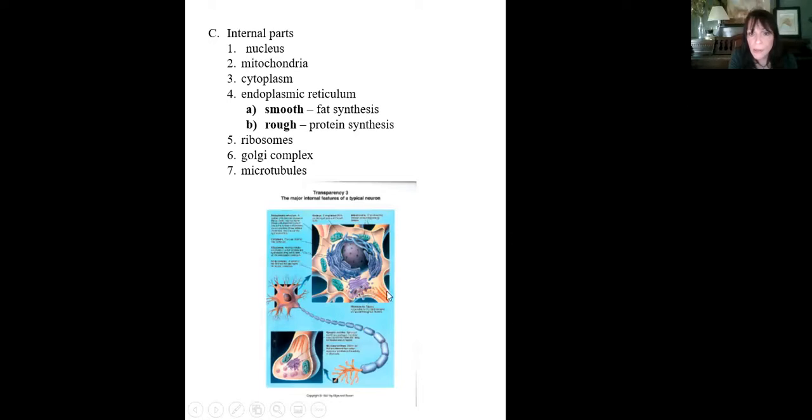And these tubes are, guess what? The microtubules. Now, I'm going to finish this part of this lecture with the cell membrane. And then I'll pick up with a part 2.